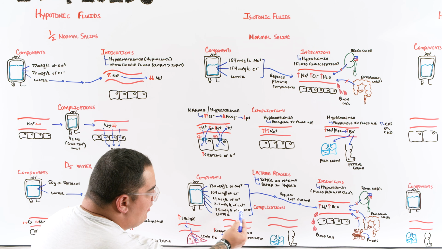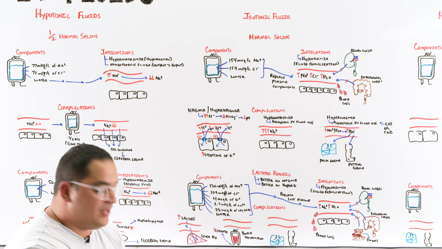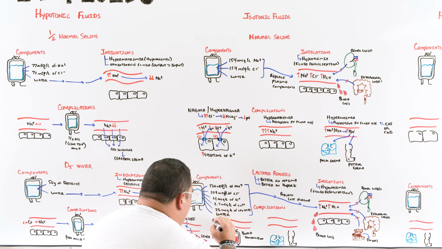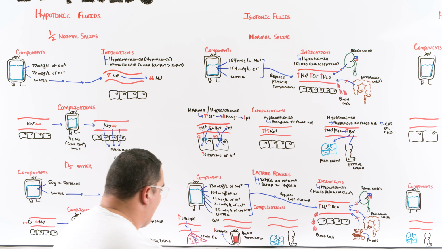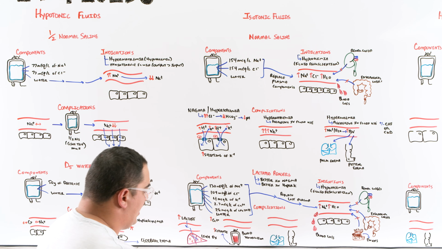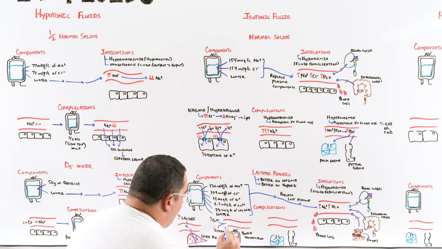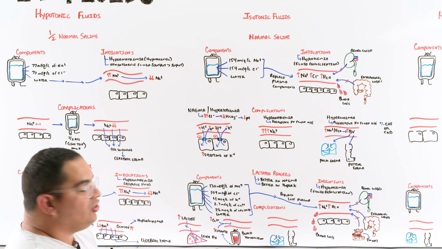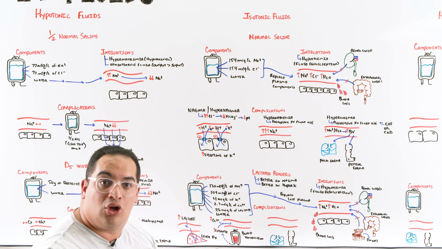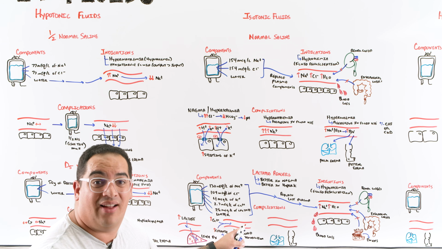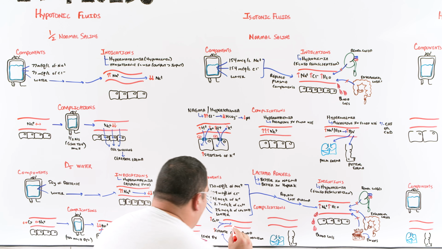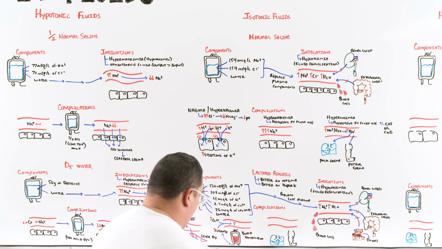So there's about 2.7 milliequivalents of calcium within this solution. So if you give a patient calcium, giving them a little bit of calcium, these can combine. So they can actually chelate with one another. And what that can potentially do is it can actually increase the risk of clotting inside of the actual IV lines or in the circulation. So it can increase the risk of clots.